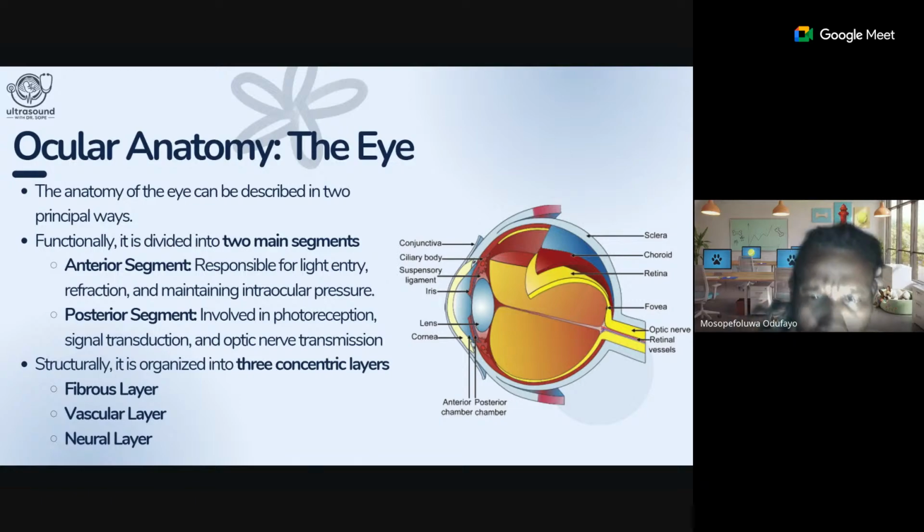And then structurally, we also divide this eye into three concentric layers: the fibrous layer, the vascular layer, and the neural layer. So these are the three layers. We're going to talk about it in detail.